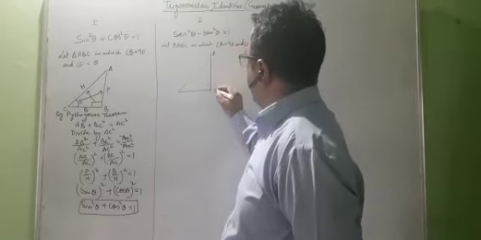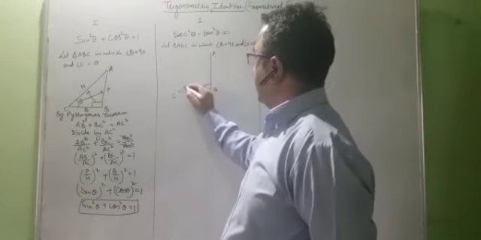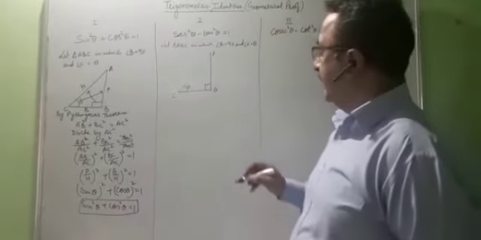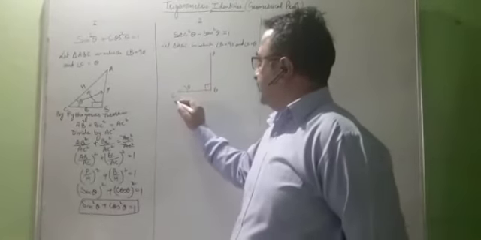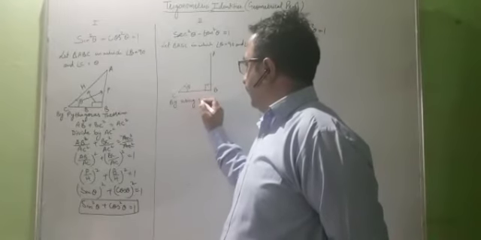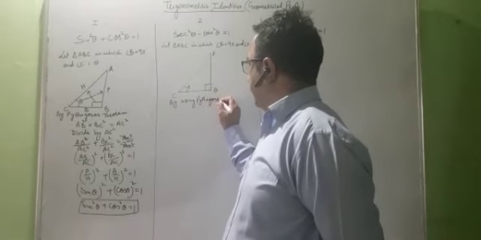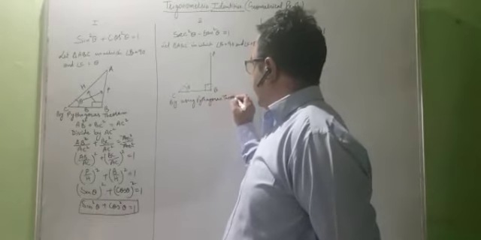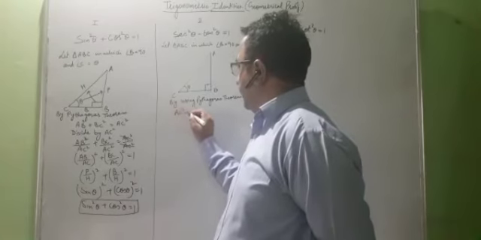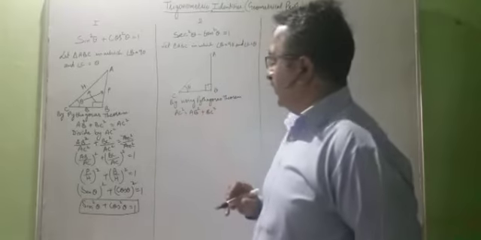A, B, C. This is your 90 degree. This is your theta. Now, by using Pythagoras theorem, AC square equal to AB square plus BC square.